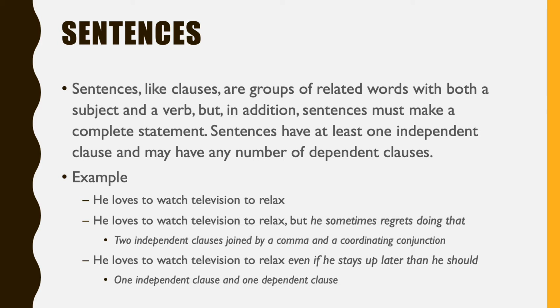He loves to watch television to relax, but he sometimes regrets doing that. Here we have two independent clauses joined by a comma and a coordinating conjunction, which is the word but. He loves to watch television to relax, even if he stays up later than he should. Here we have one independent clause and one dependent clause.